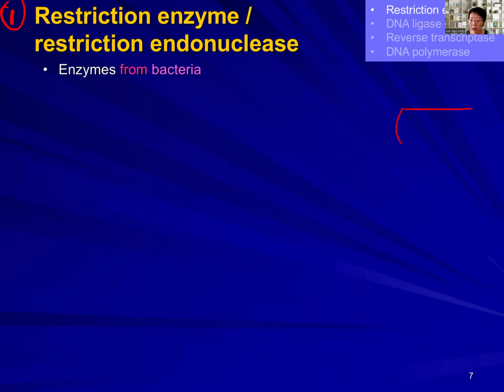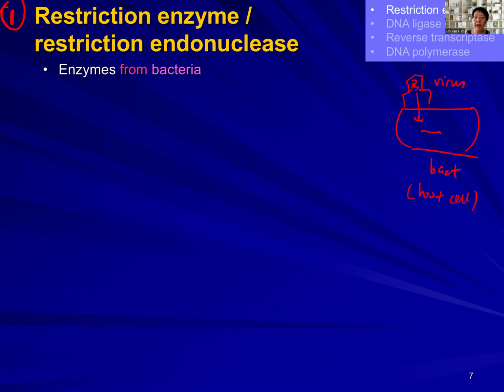Usually, when a virus infects a cell, it injects its genetic material into the cell and converts the whole cell into a viral production factory. So the bacterium is the host cell being infected by the virus.